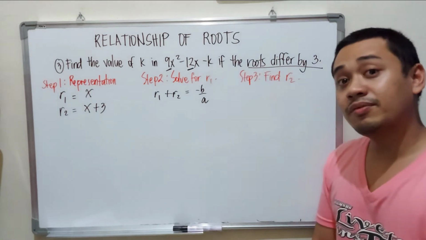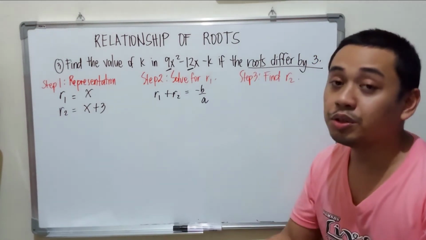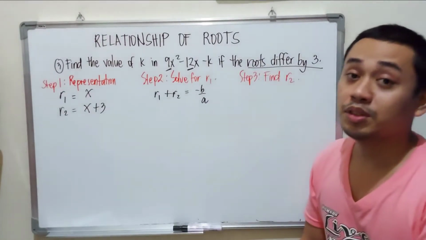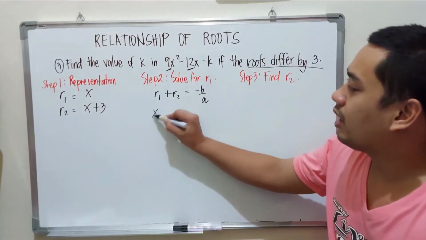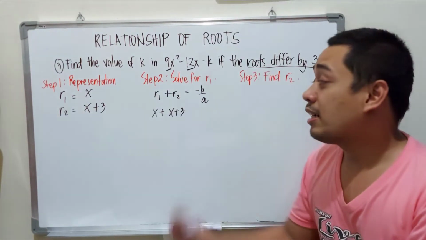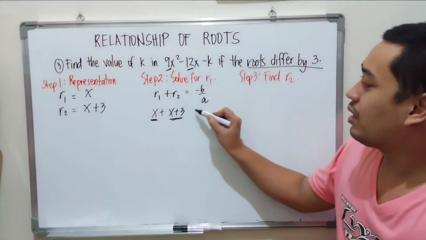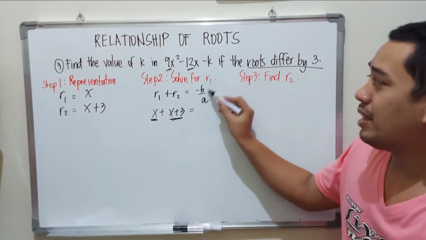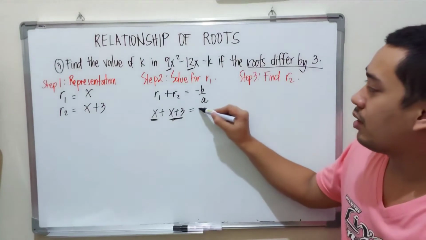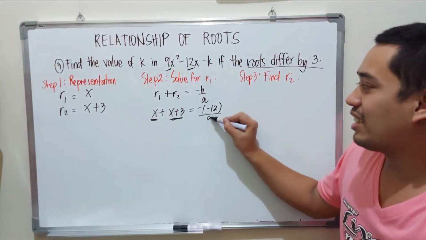So solving for the value of x in terms of our roots 1 and roots 2, magsisubstitute lang tayo. So magiging x plus 3, since those are our root number 1 and the root number 2, is equal to negative b. We have negative 12. So negative 12 over a is 9.